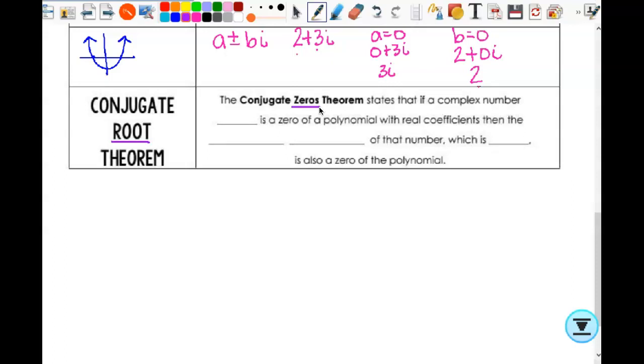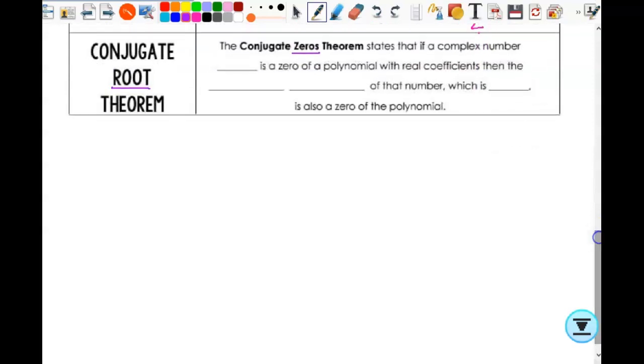The conjugate zeros theorem states that if a complex number, specifically something like a plus bi, but then I left off something, we have to say that b cannot equal 0. That means it's not just a complex number, but a complex number that has an imaginary part to it, is a 0 of a polynomial with real coefficients, which means it's a polynomial.